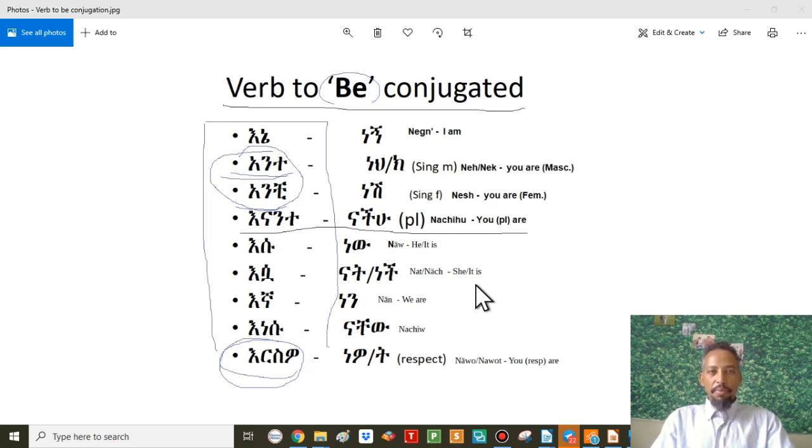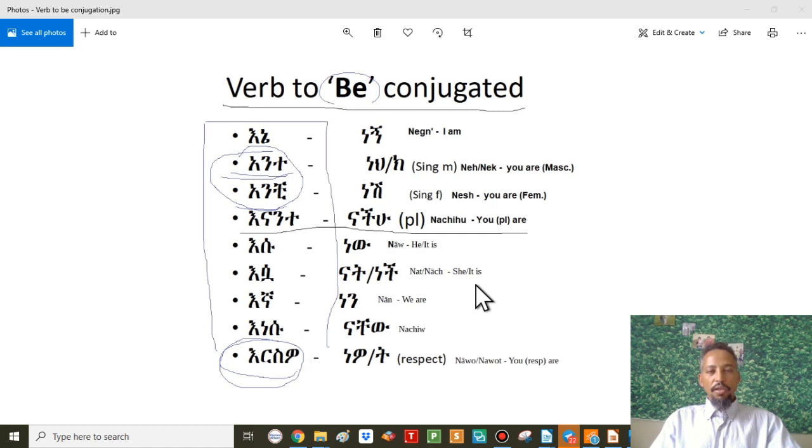So by having just the subject pronoun and then the verb be, you can practice making sentences. You can use whatever vocabulary you know, especially in terms of describing people, like describing yourself as a male, a female, a teacher, a doctor, clever, smart, whatever.